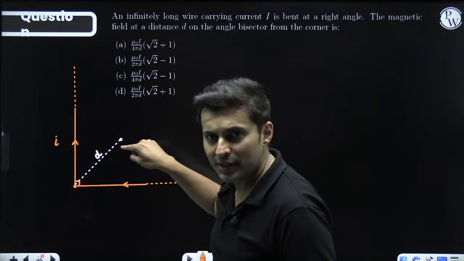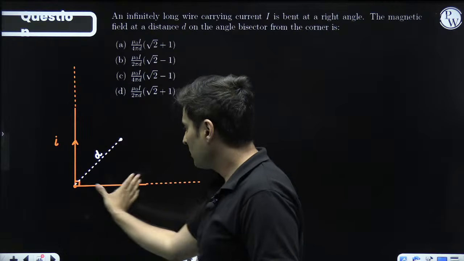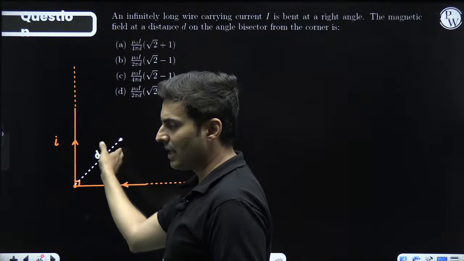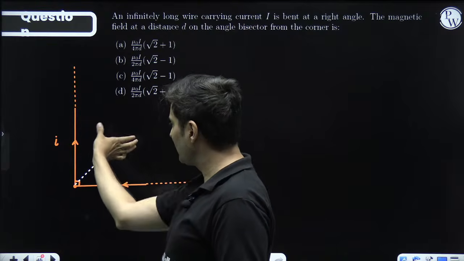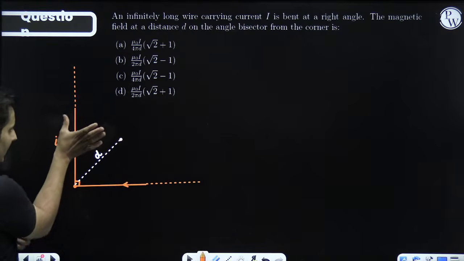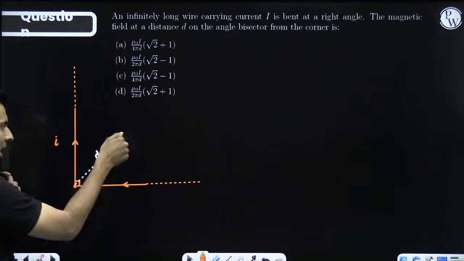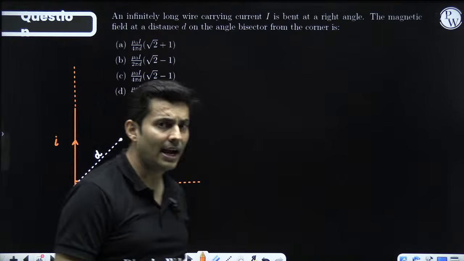So the magnetic field should be inside. That current goes up, thumb in the direction of the current, the fingers are again going inside the board at this point. If you come here, it will come outside. So again going inside, meaning they will add.